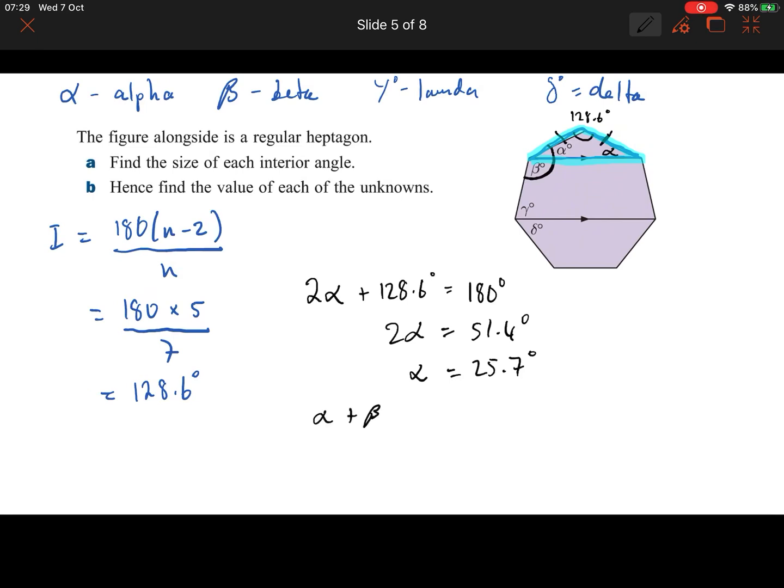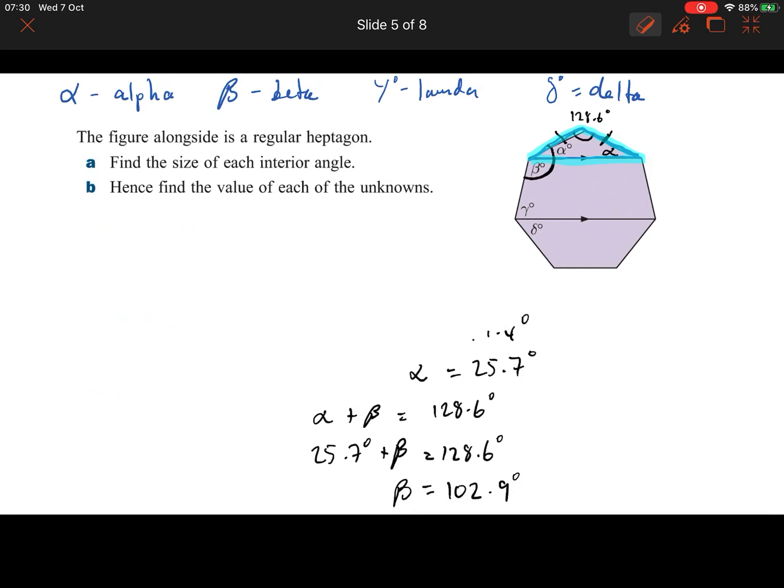Okay, so alpha plus beta is equal to 128.6 degrees, one of those interior angles. And I already know alpha, so 25.7 degrees plus beta is 128.6 degrees. So subtract 25.7 from both sides. And I get an answer of beta is equal to 102.9 degrees. Okay, so there's alpha and beta. So let's just clear some space now.